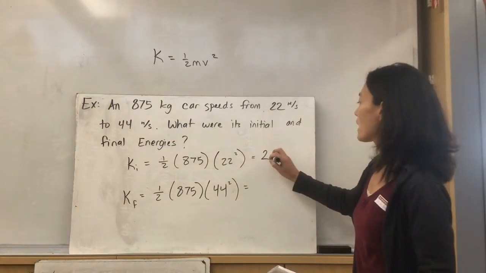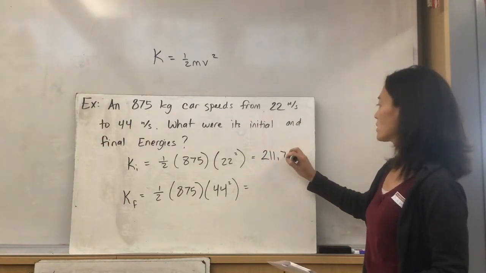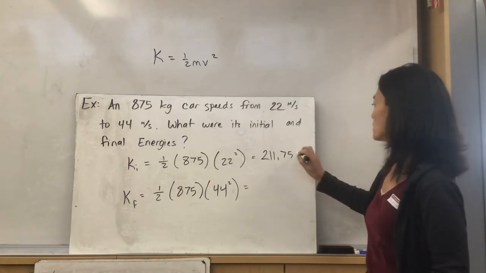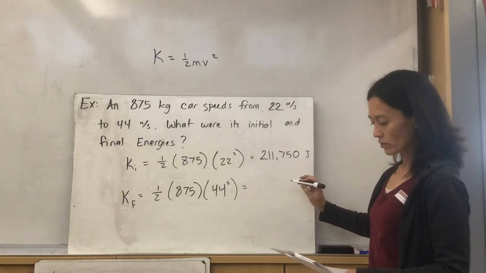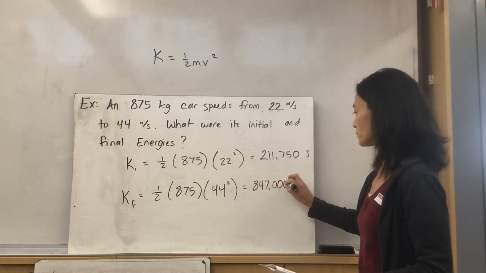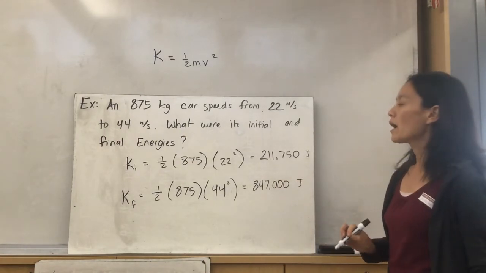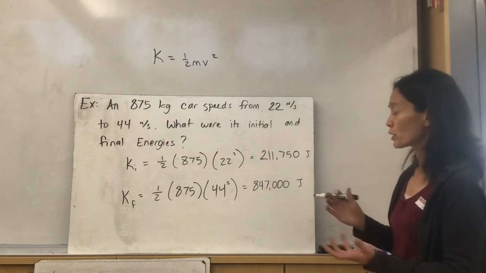And you should get that for the initial, it's 211,750 joules. And then for the final, I got 847,000 joules. Okay, so it's a lot. Joules tend to be big, especially when you have big cars moving pretty quickly.